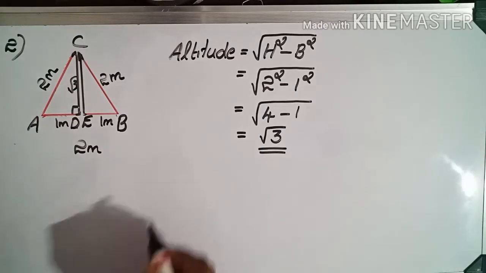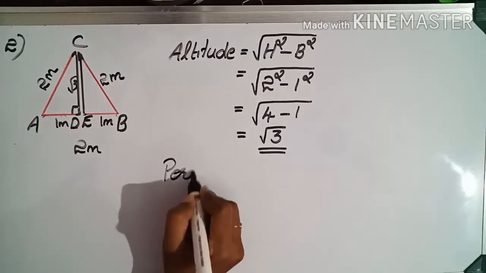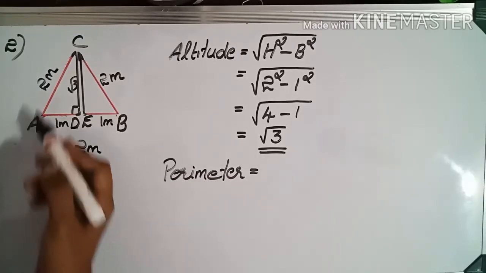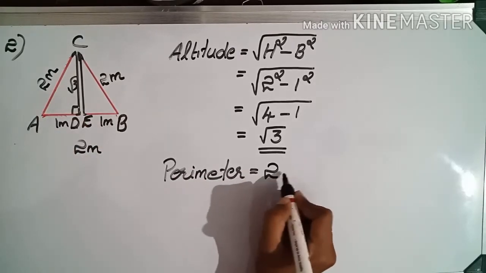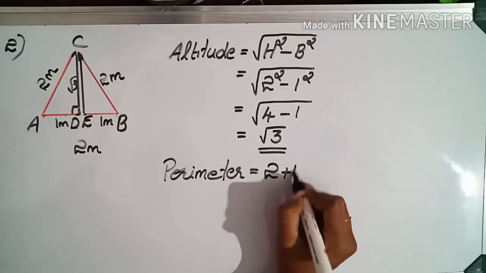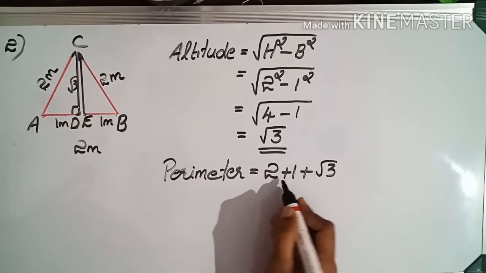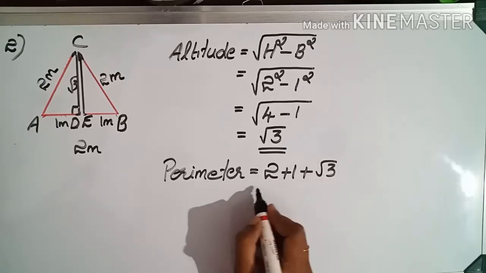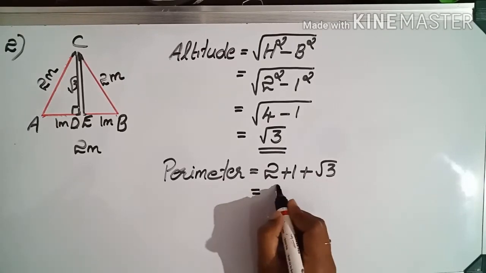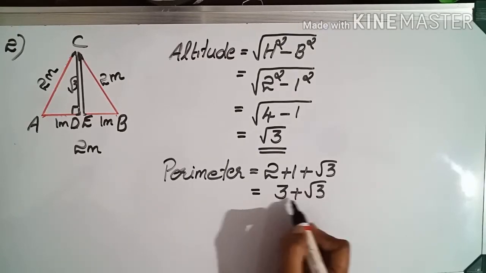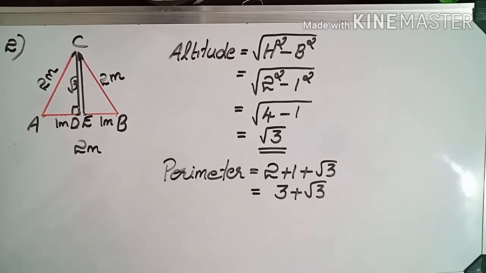Now let's find the perimeter. Perimeter is the sum of all the 3 sides. So perimeter equals first side 2 plus base 1 plus altitude root 3. So 2 plus 1 plus root 3, that is 3 plus root 3. We can't add this directly because 3 is a whole number and root 3 is an irrational number here.